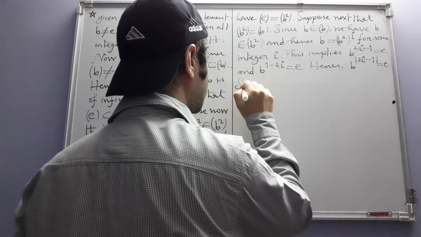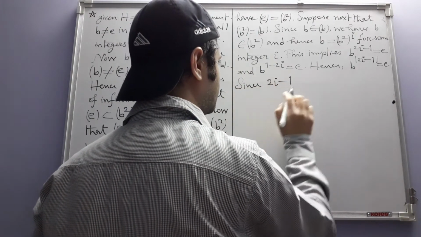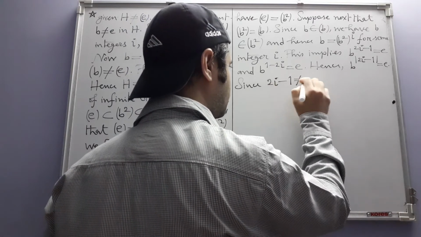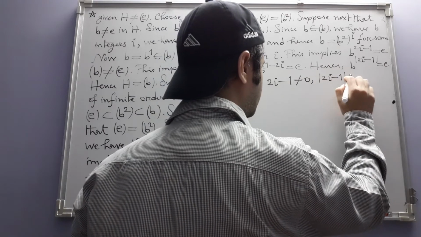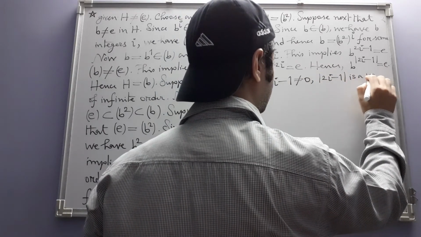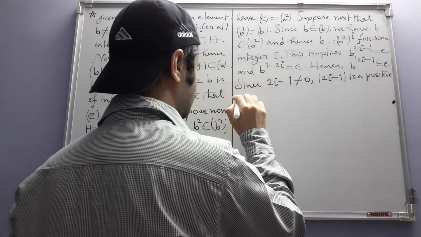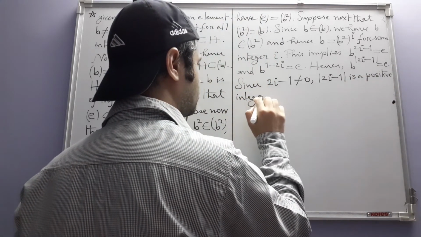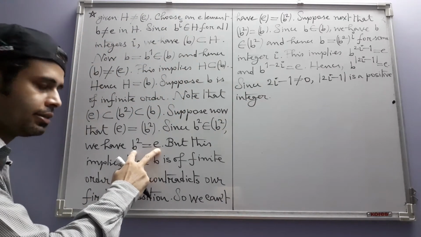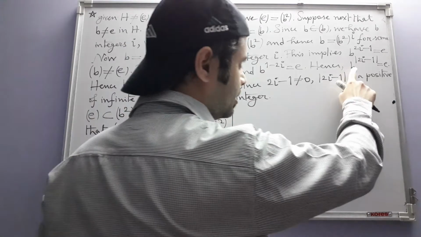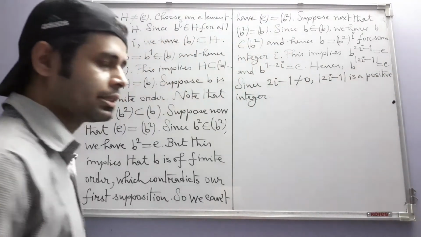Since 2I minus 1 is not equal to 0, its absolute value is a positive integer. Now we are in a position just like this one. We have an equation that looks like this one, where in place of 2 we now have this positive integer.